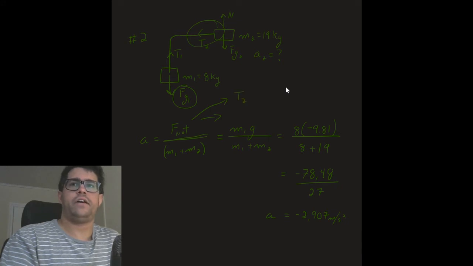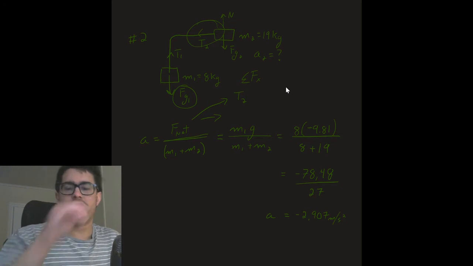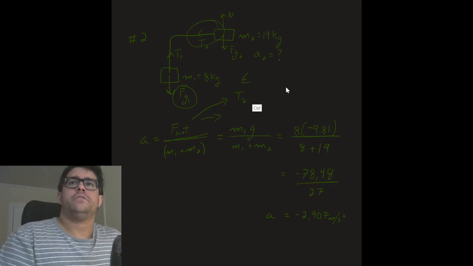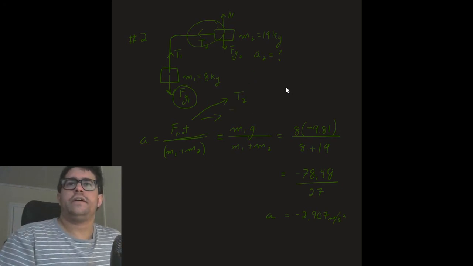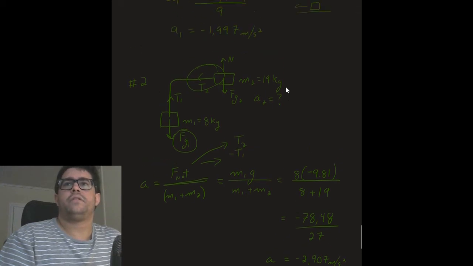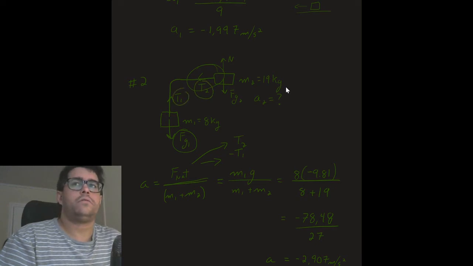There's only that. If you look at the sum of the force in X, you only have T2. T2 is equal to negative T1 because it's the same scale, but if this one is negative, then this one is positive.